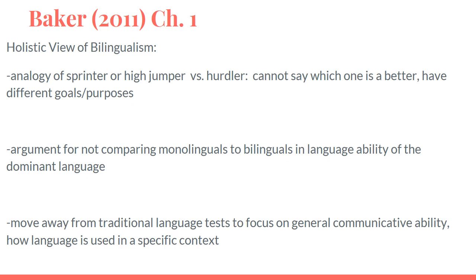If you think about the STAAR, reading and writing, it's mostly multiple choice, reading from passages, and so the holistic view would say, let's move away from using only those measures as ways to judge bilinguals, but also to consider how bilinguals effectively use both languages to communicate and how they can communicate in particular contexts with both languages.